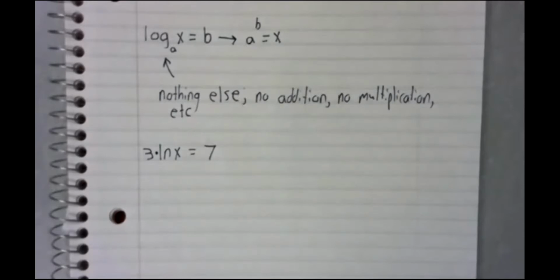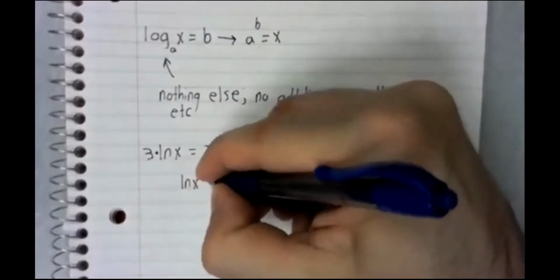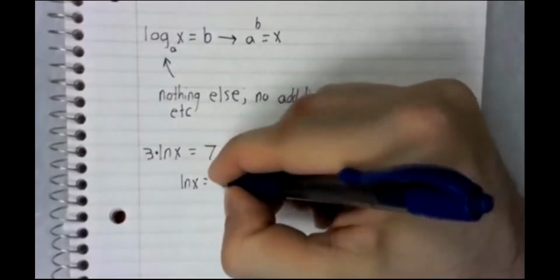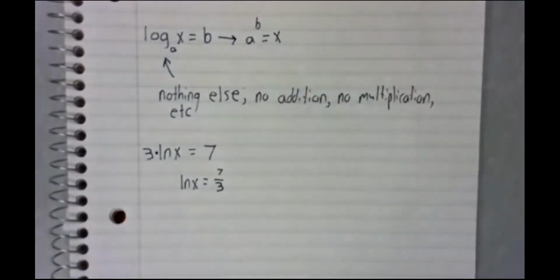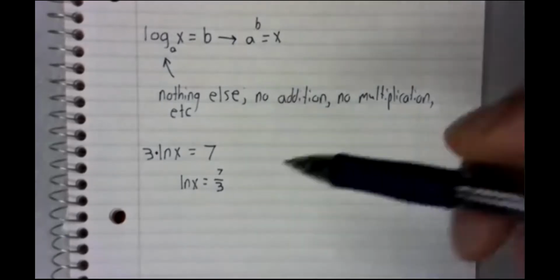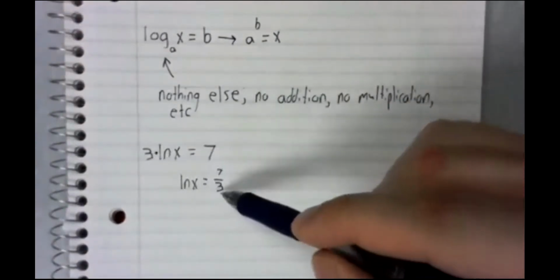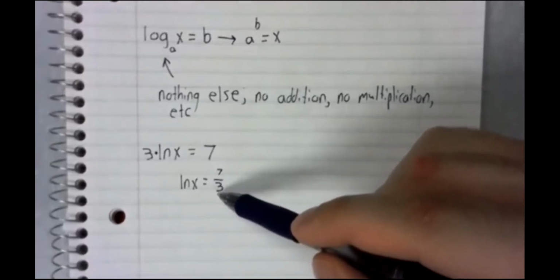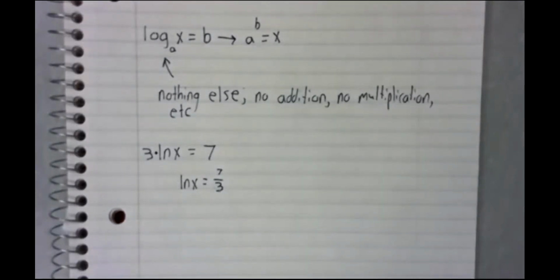So our first step has to be to get rid of that multiplication. And multiplication is gotten rid of via division. We were multiplying by 3, so we divide both sides by 3. And now we have something that we can work with.